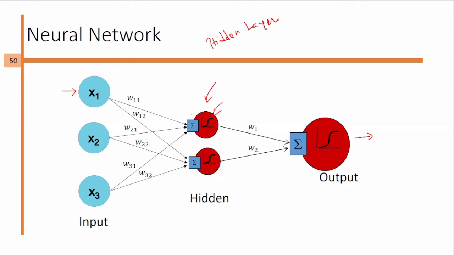If you look at each hidden node, what we do is take a weighted sum of the inputs, and then we apply an activation function.